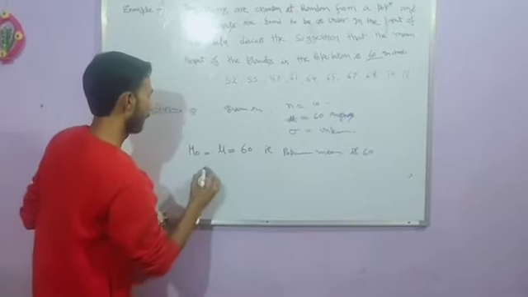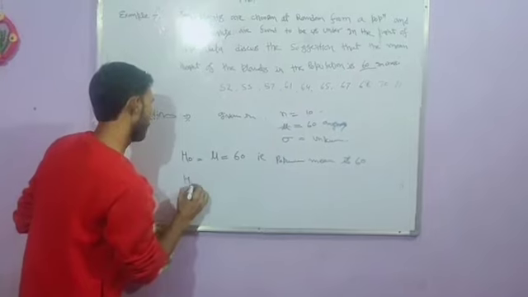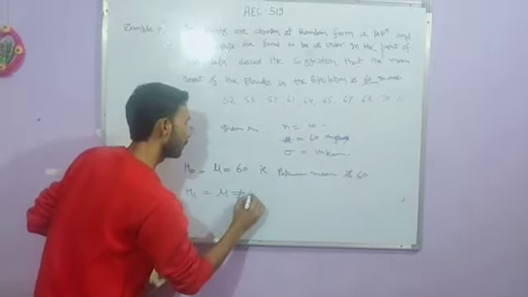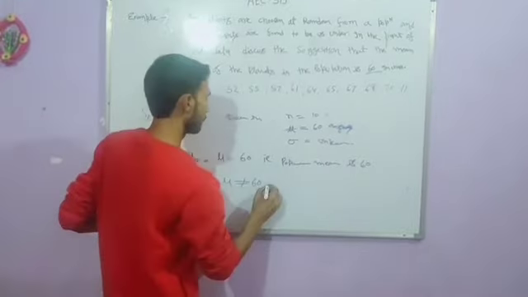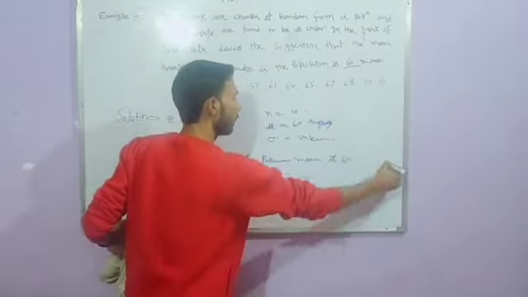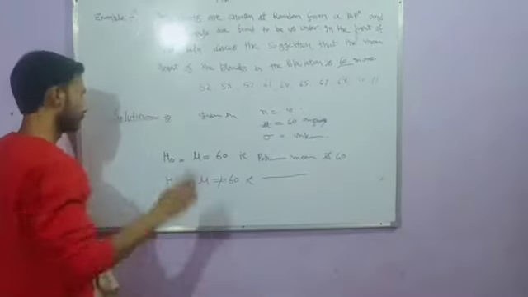Now the alternative hypothesis: mu does not equal 60, that is, the population mean does not equal 60.